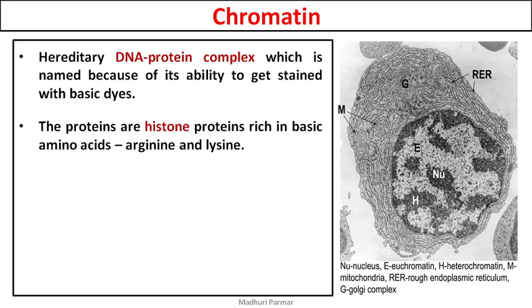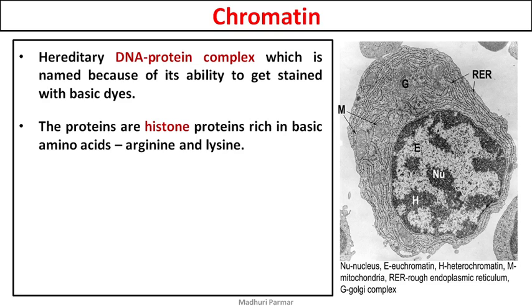Because they are basic in nature, the acidic DNA can easily be present around it. We will see that histone proteins are like round spheres, ball like structures, and on these ball like structures you have to wind the DNA. This winding or arrangement of DNA is only possible if there is some attraction between the histone and the DNA.